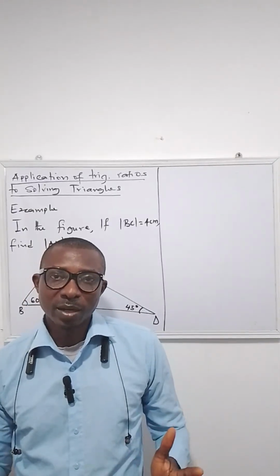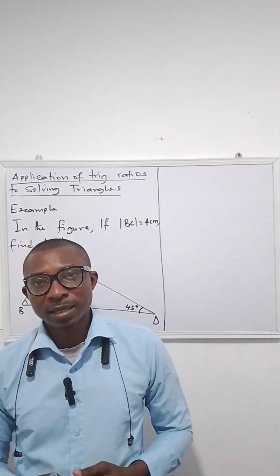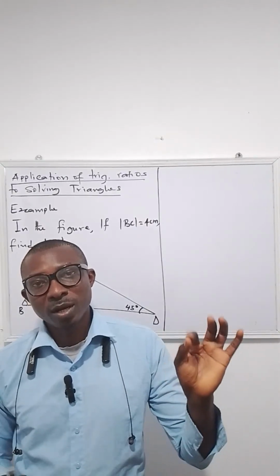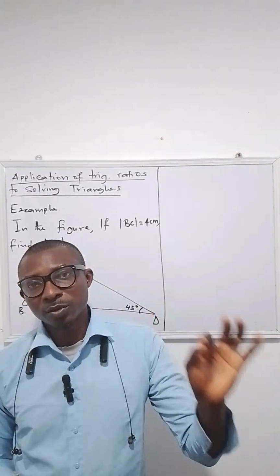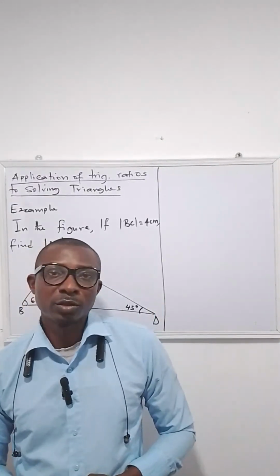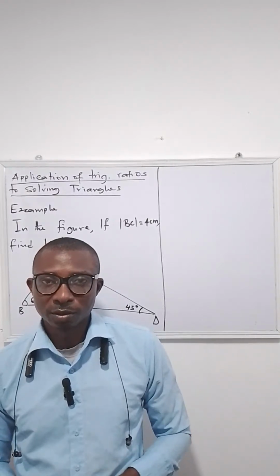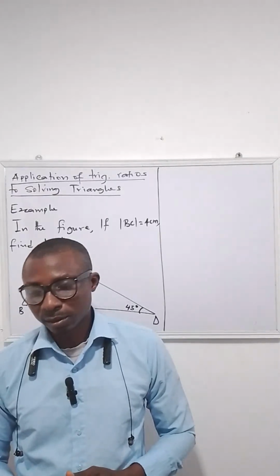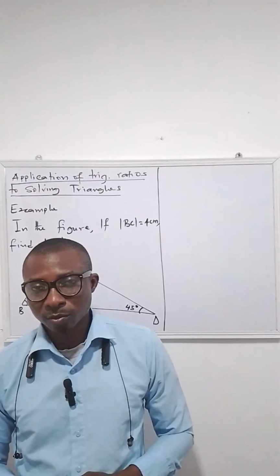We said the Pythagoras theorem says that the addition of the square of the opposite and the square of the adjacent is equal to the square of the hypotenuse. We were able to make use of the theorem to solve some problems.